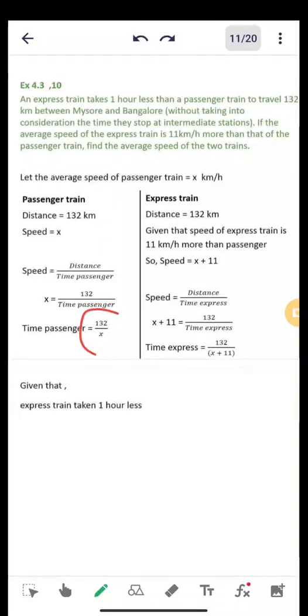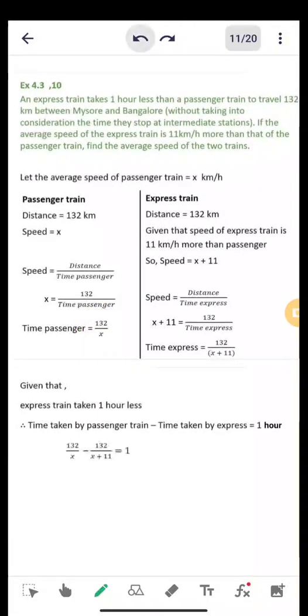So when I subtract the time taken by this train, suppose this train is taking 5 hours, and this train is taking 4 hours, 1 hour less. What will be 5 minus 4? It will be 1. That way I can write the condition: 132 by x, because this train takes more time.